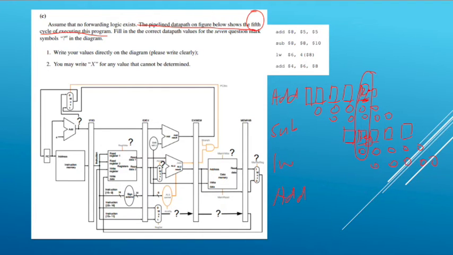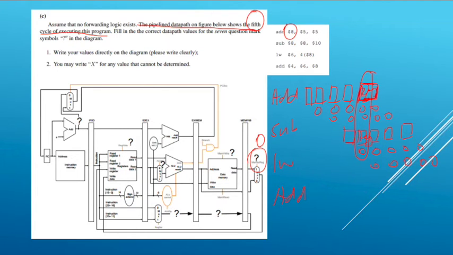So let's figure out what happened in the 5th stage first. In the 5th stage, we are trying to write back to register number 8. And we are trying to use the value from ALU instead of memory, so the mem to reg will have value of 0.